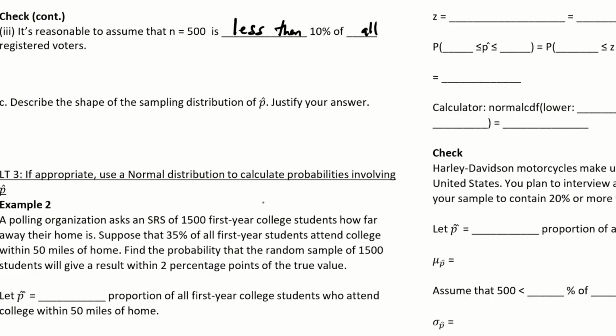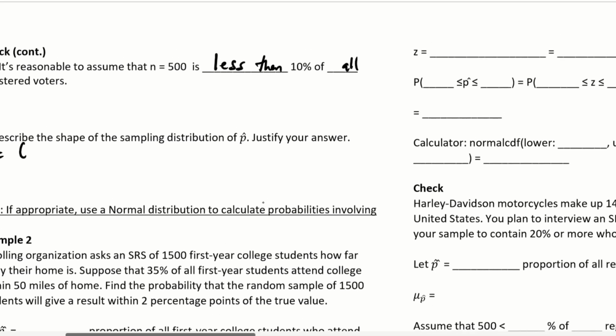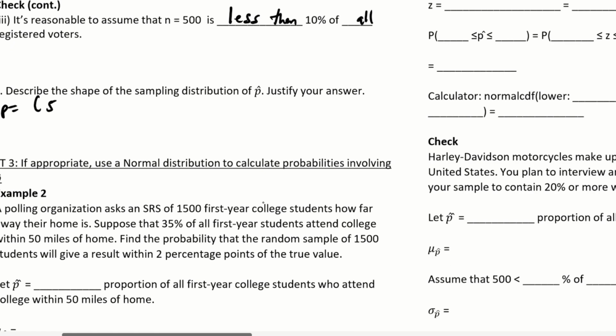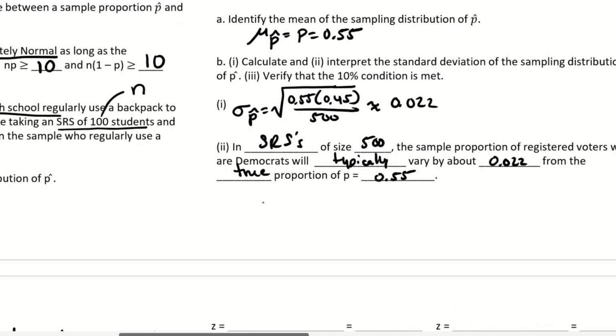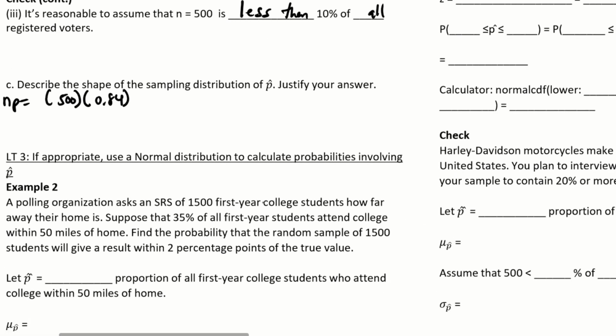So again, we're going to do n times p. So we got 500 times 0.84. I think, well, was it 0.84? Was it 0.55? Oh, that's 0.55. So we do that.